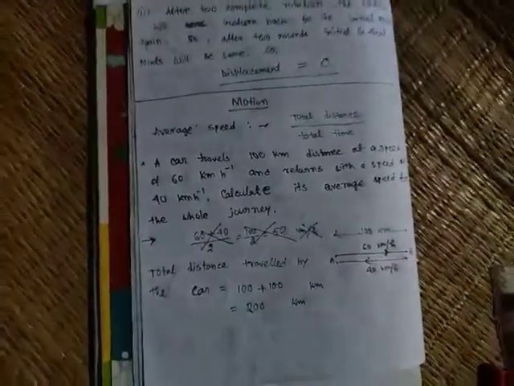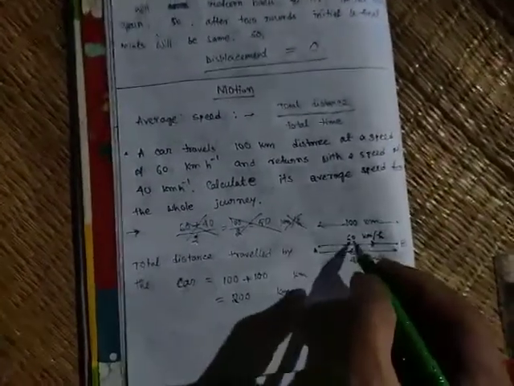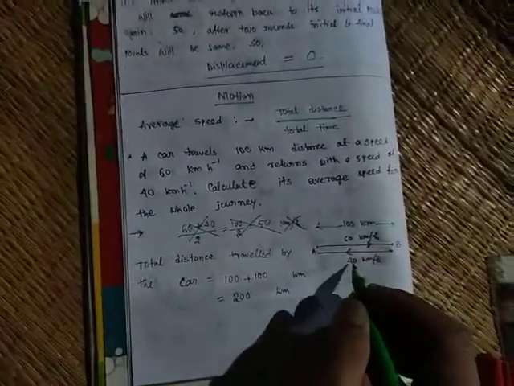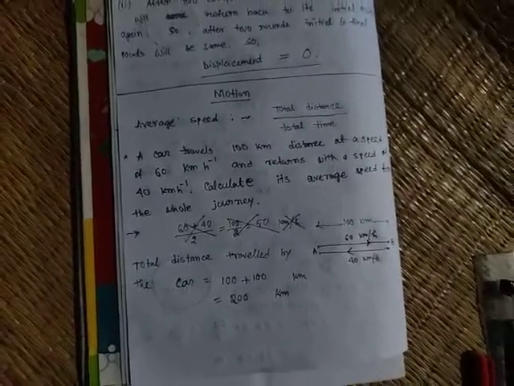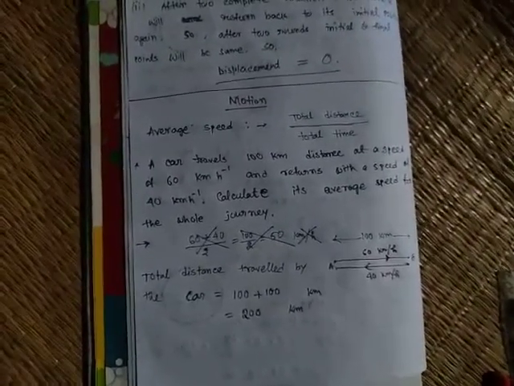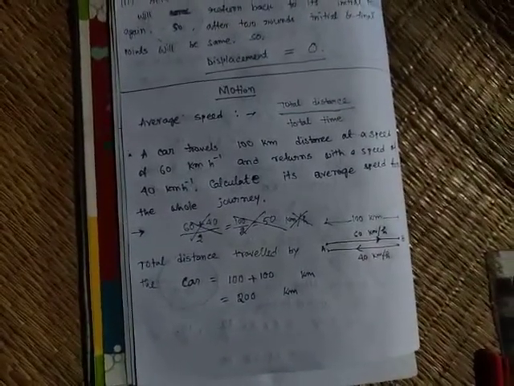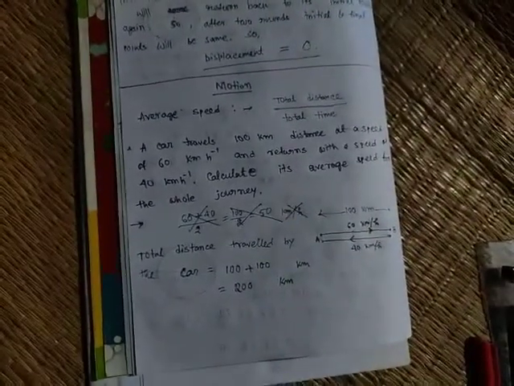Now you have to find the total time. Total time is not given, but the speed is given. Speed for the forward journey and speed for the return journey, both are given. Now we can calculate the time for each case. That means we can calculate the time for the forward journey and we can calculate the time for the reverse journey.